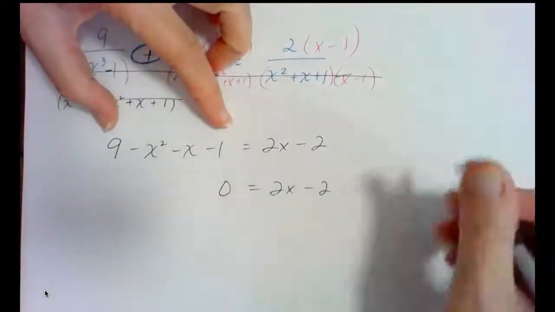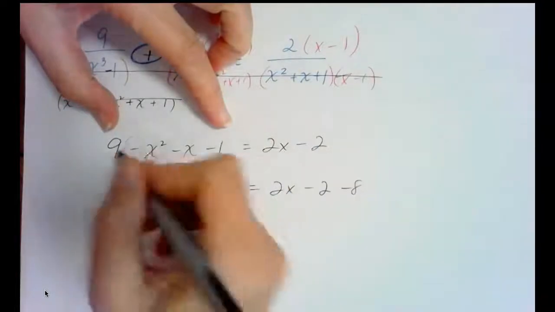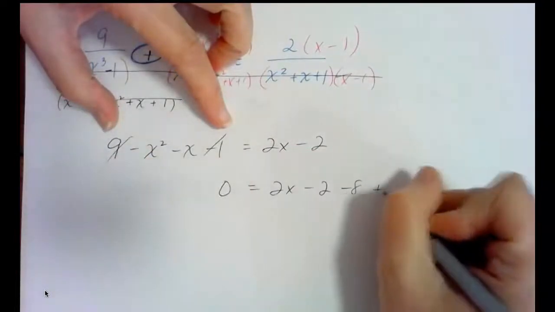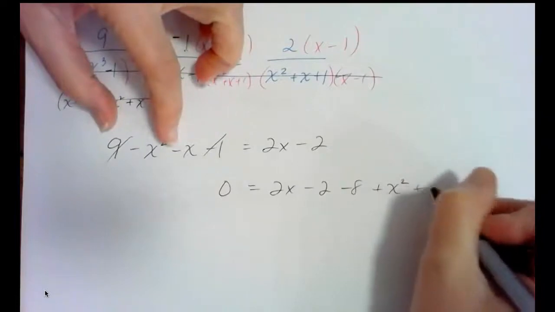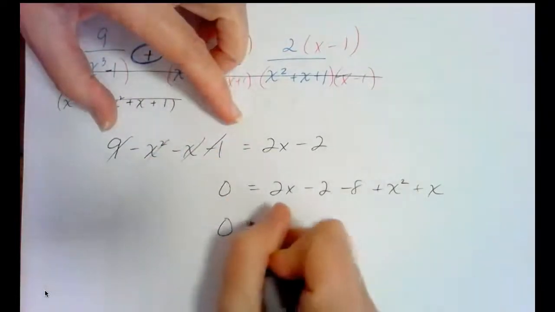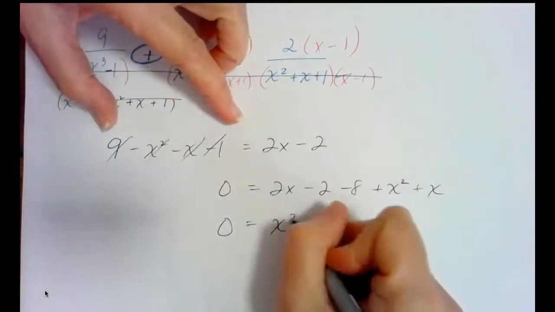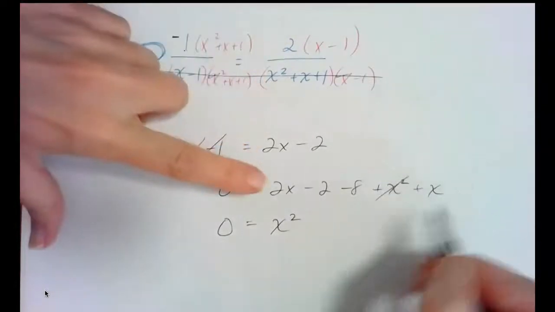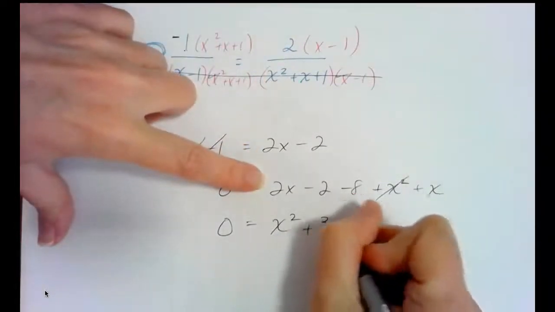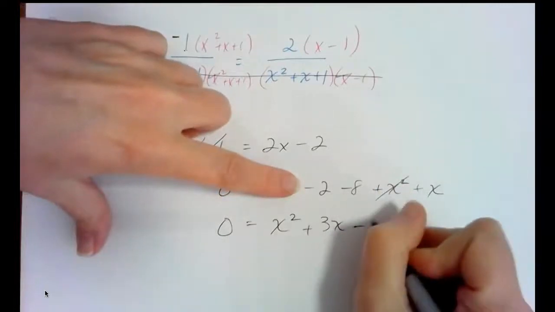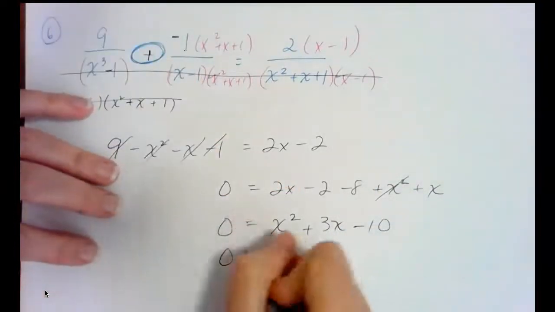So 9 minus 1 is 8, so minus 8, and then plus x squared, and then plus the x. So combining like terms again, x squared, and then 2x and x plus 3x, -2, -8, -10. This factors easily.